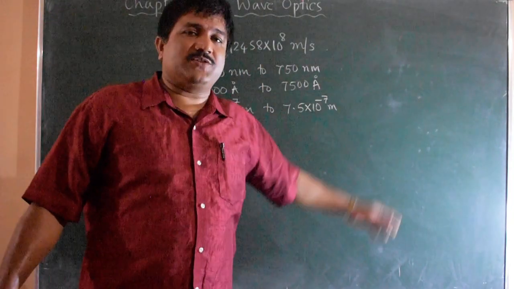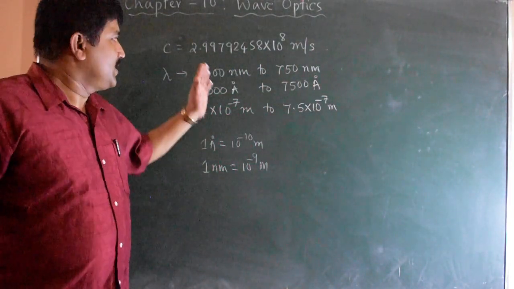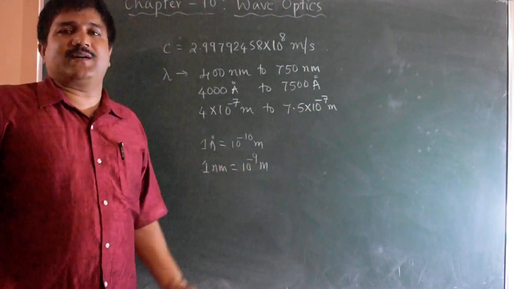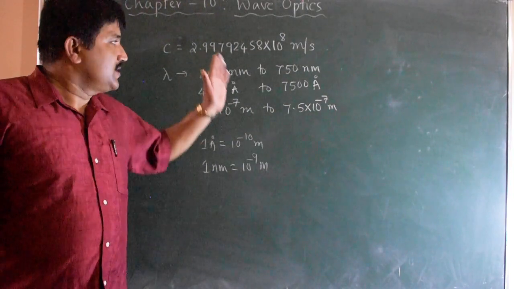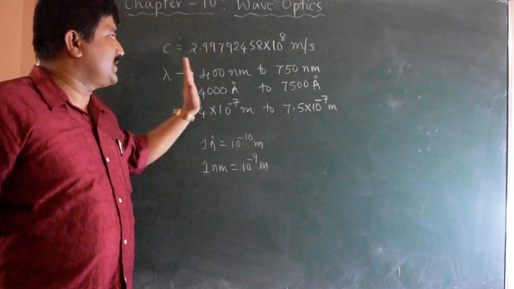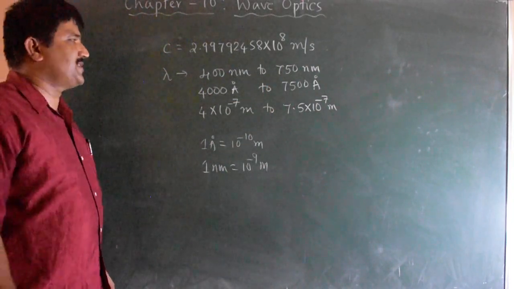So longer wavelength than visible light is infrared radiation, and shorter wavelength is ultraviolet radiation. This is the visible region of light and its wavelength range.